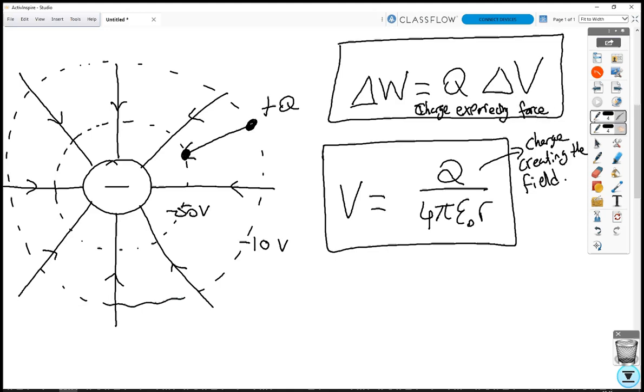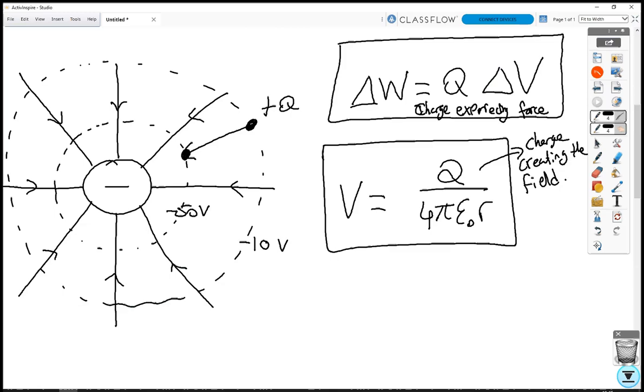Either way, it's fine. Then we can see that if we have negative V here, then the work done also depends on the sign of the second value of Q. So whether you have a positive and a negative charge, or a negative and a positive, or two positives or two negatives, that's going to affect whether work is being done on or by the charge.